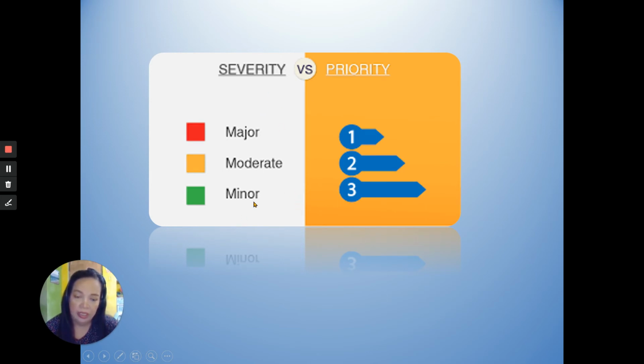Severity pertains to the degree of impact to the business, while priority is the importance of action to the business. For example, rent for a building space. Would you continue to operate your business and pay rent under the ECQ policy of the government? Or would you rather close and stop operation and continue again when conditions become normal?